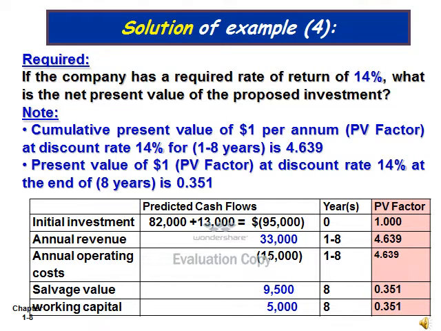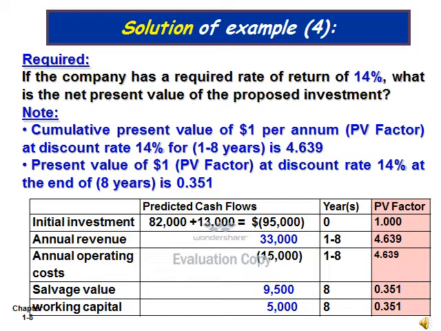The present value of $1 at discount rate 14% at the end of 8 years is 0.351. That means $1 after 8 years will be $0.351.